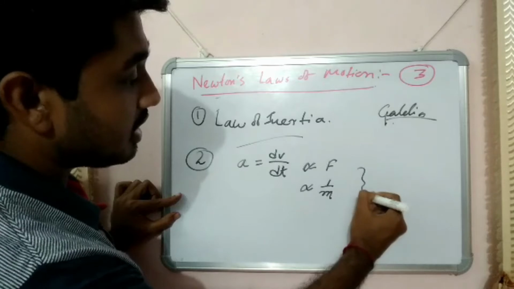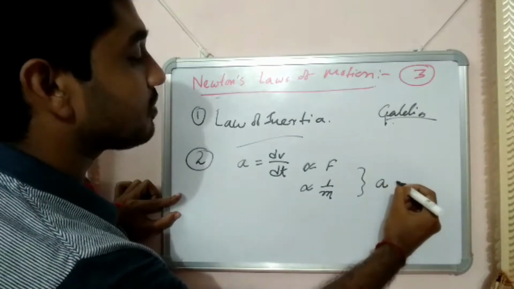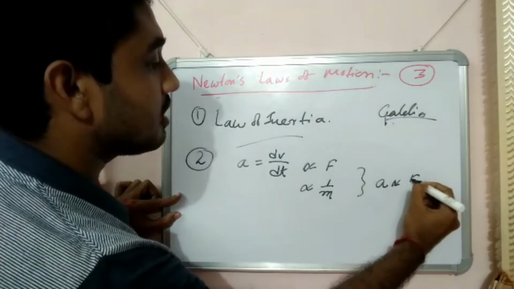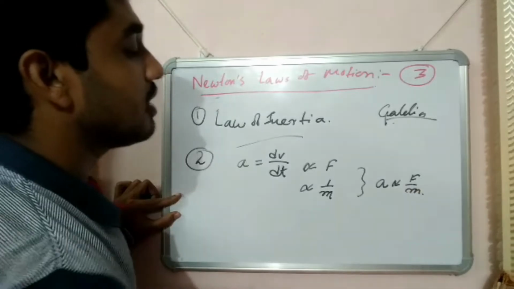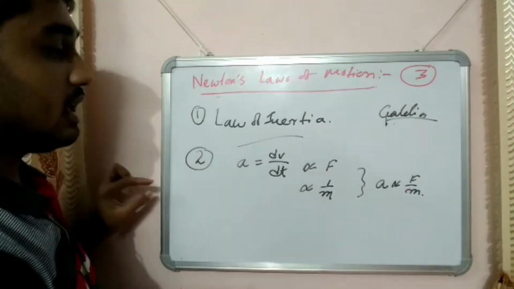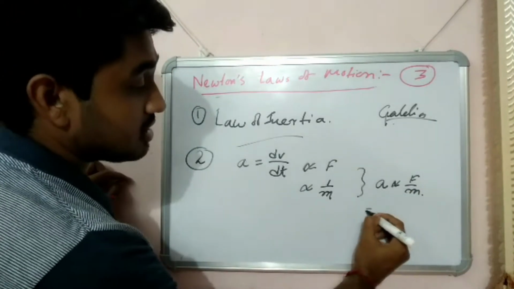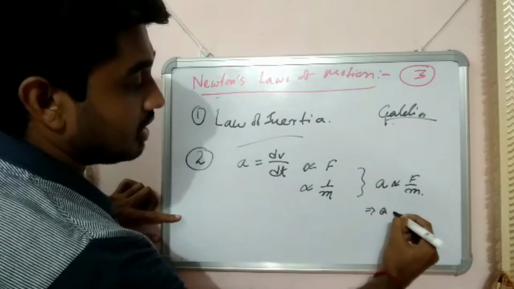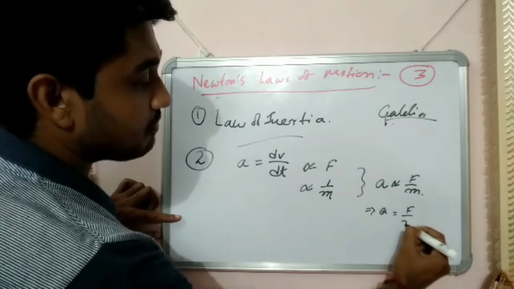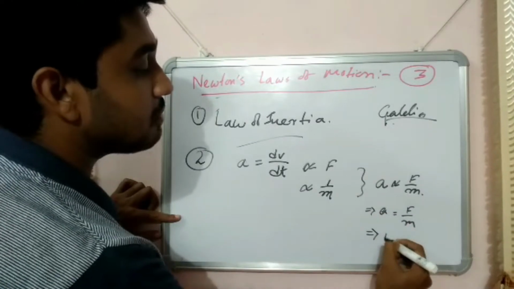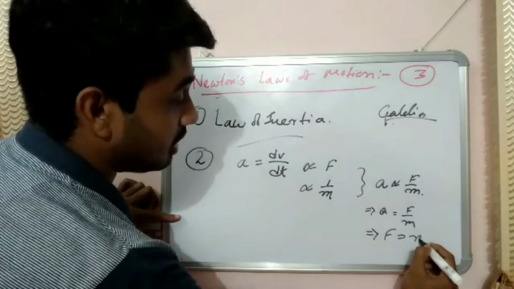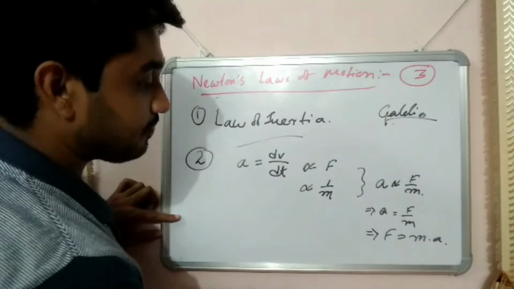So A is proportional to F by m. Generally it is written as A is equal to F by m, or in simpler terms, F is equal to m times A.